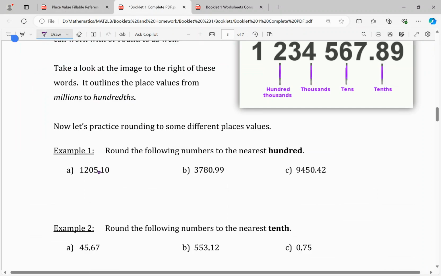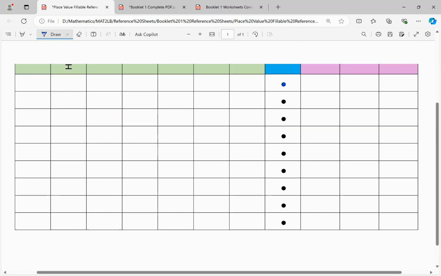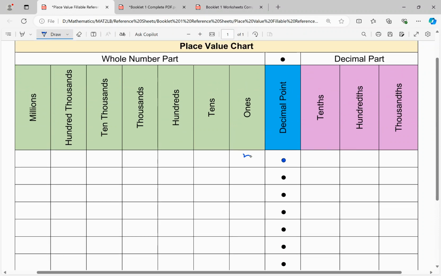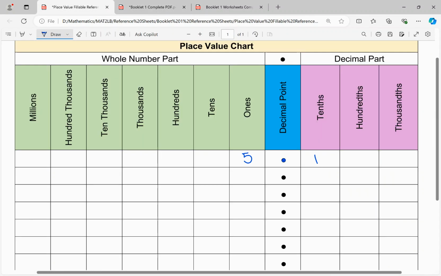So the decimal is right here between the 5 and the 1. And you need to make sure that when you bring this number over to our reference sheet, the decimal point continues to be between the 5 and the 1. Right? So our number was 1205.10.